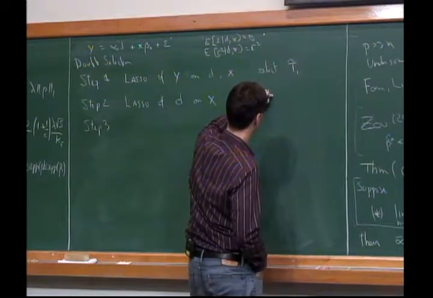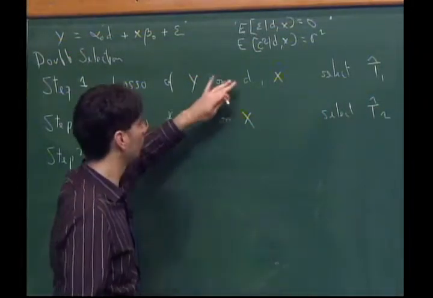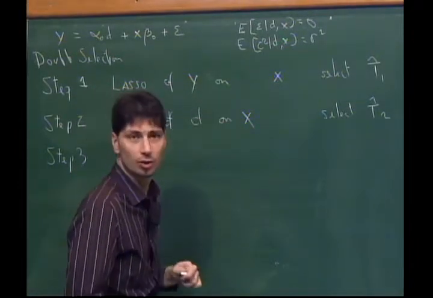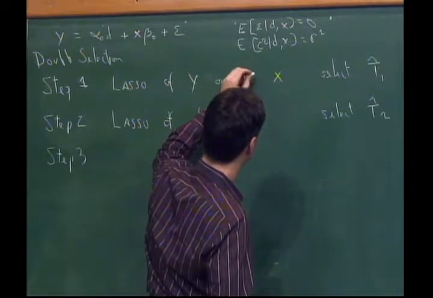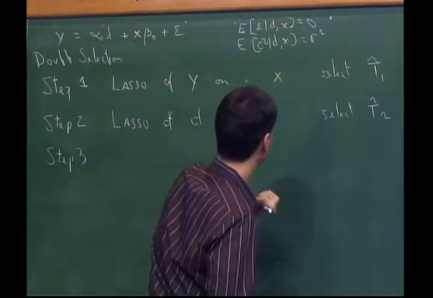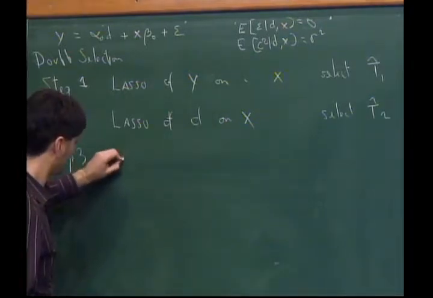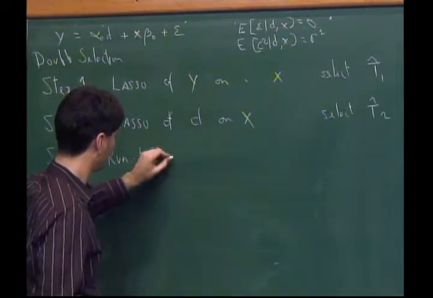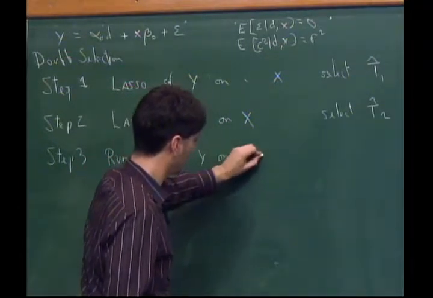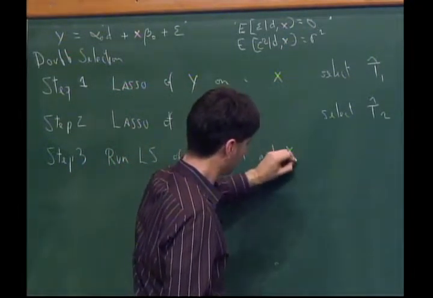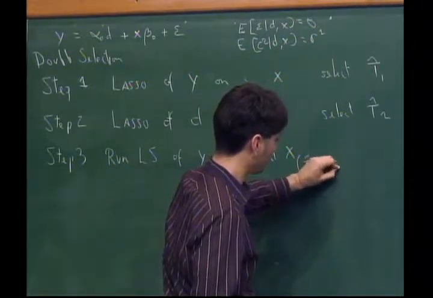Here select T hat 2. And there are variants of this procedure. We can actually also run just with x here. But let me run only with x for now. And then in step 3, we run least squares of y on d and the x selected by the first procedure and the second procedure.